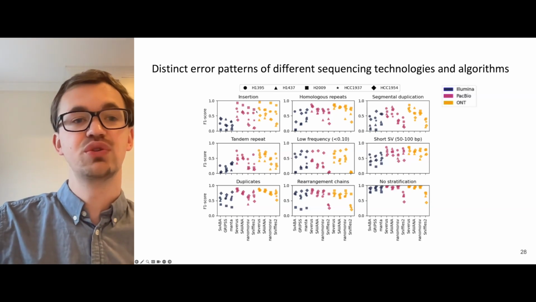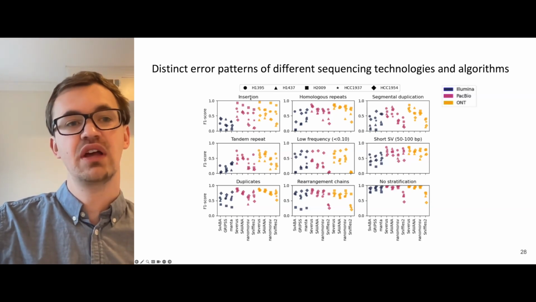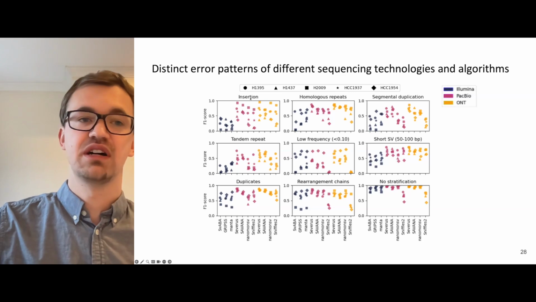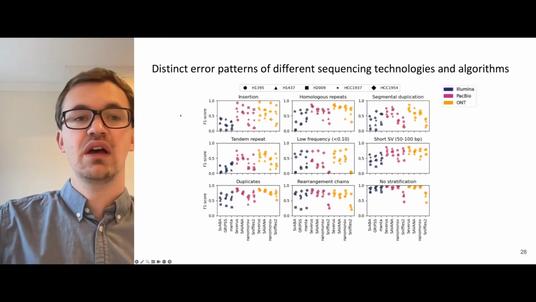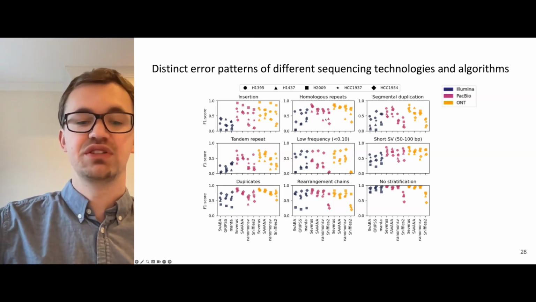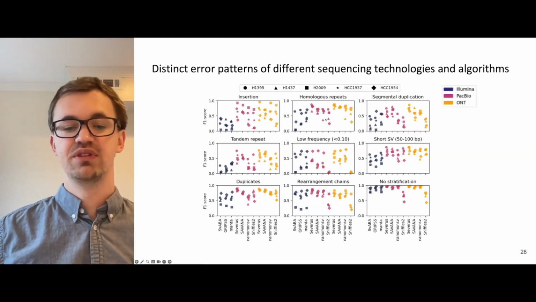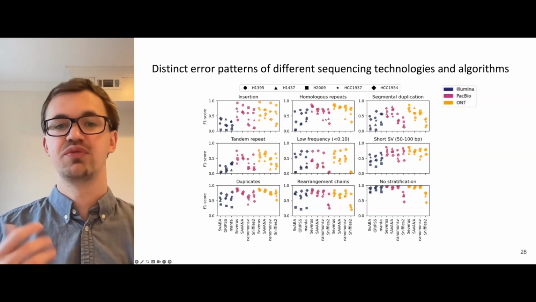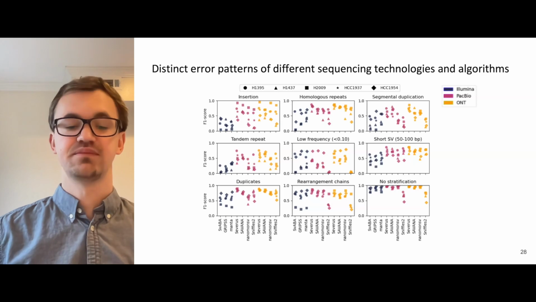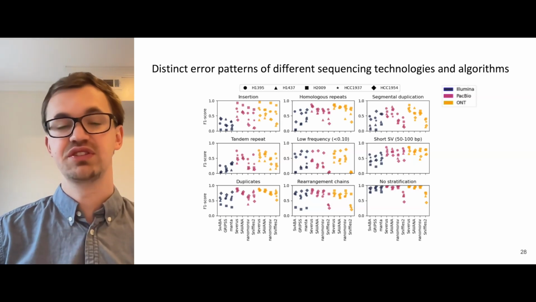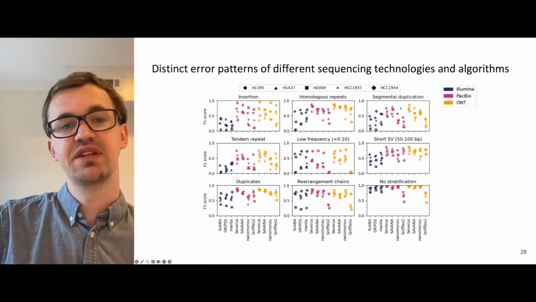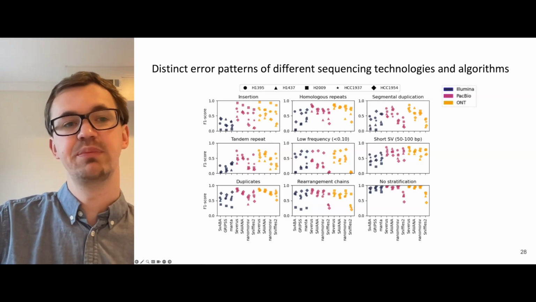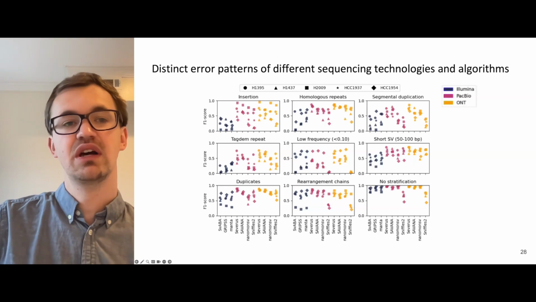For example, as you can see for insertions, Illumina methods are not doing as well as long-read-based methods, and it's perhaps not so surprising. Interestingly, homologous repeats, so when there is homology between the breakend junctions for structural variants, might be more challenging for Illumina-based methods.